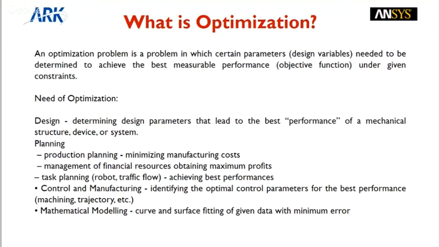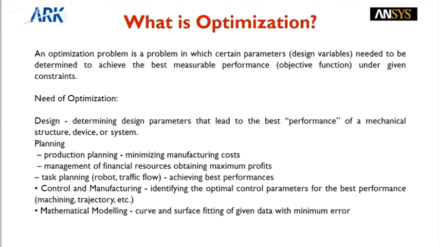As you can see in the flow, everything is related to each other. When I talk about the task of planning, again I should have a good performance of my structure. When I go to control and manufacturing, all control parameters should give the best performance. Let us say it is a machining process, lathe machining or welding, different processes.